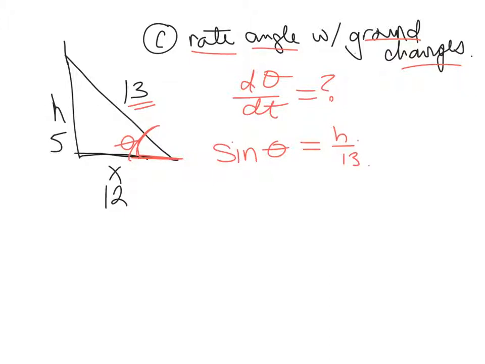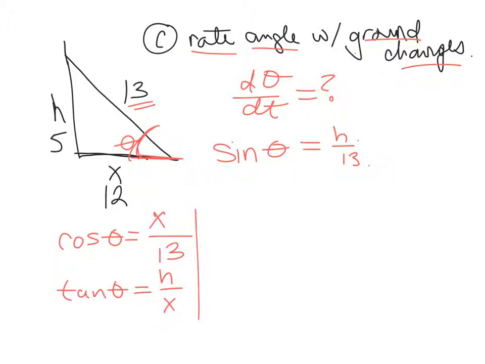You could use cosine, and that would give you x divided by 13. I'm going to use sine. You could use tangent, and you would have h divided by x. Any of those are fine, but this one requires you to use a quotient rule with two variable terms, and I'm not so sure I like that. So I chose not to do that, but you can absolutely do it. It will work.